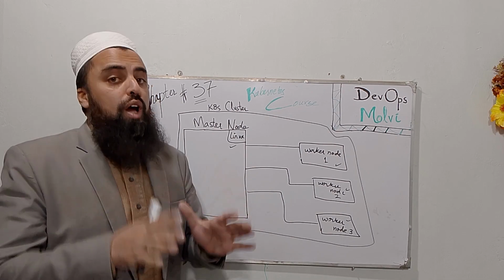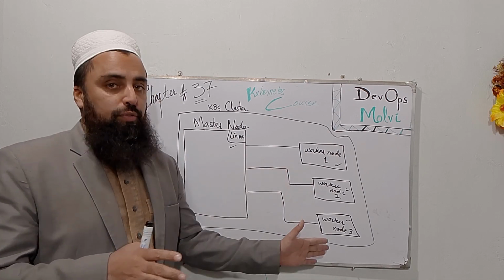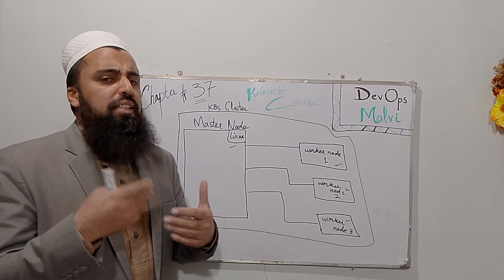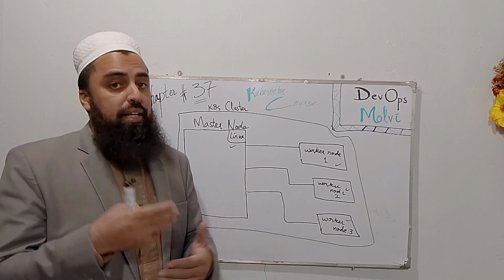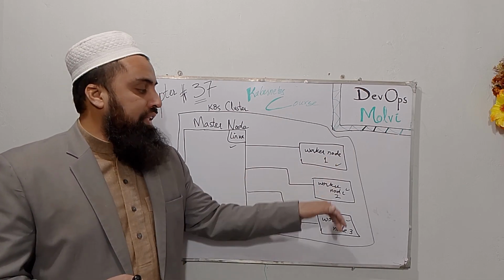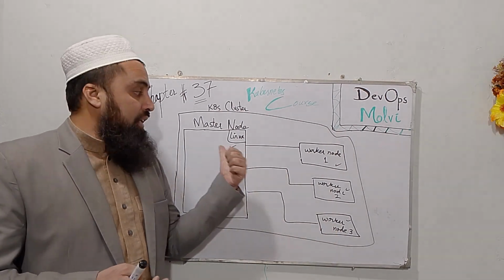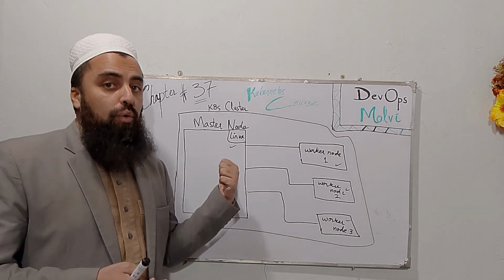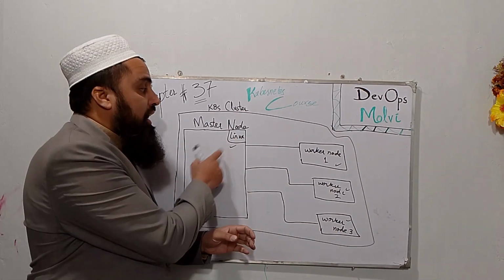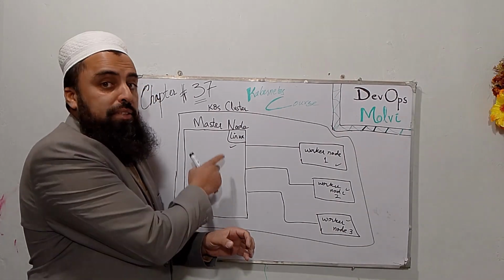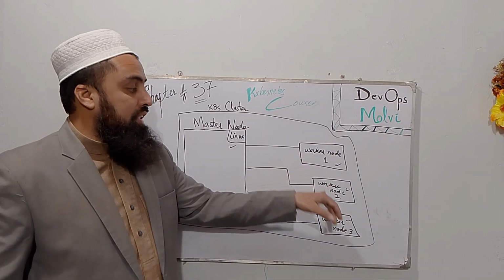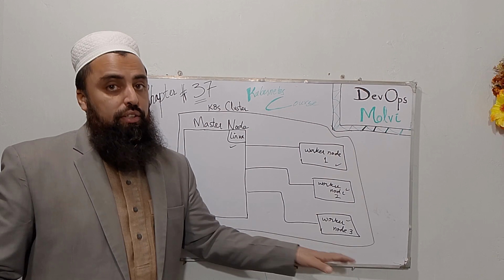So now we know that we have three worker nodes and one master node, but the question must come up in our minds: how do these nodes communicate with the master node, and how are the actions that are triggered from this master node executed on these worker nodes?